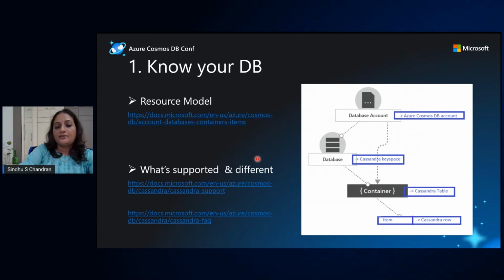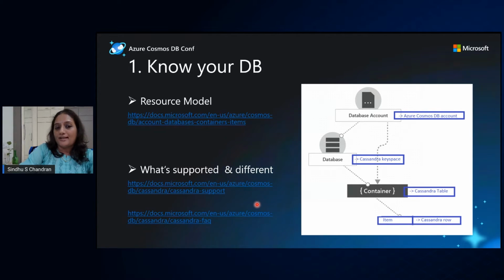And the next thing to understand is about what is supported and what is different, because you might spend a lot of time otherwise finding issues or trying to debug things which you think might work, but it is actually not supported. And there are also a lot of advantages which come with Cosmos DB in terms of the increased replication that it provides and things like that.